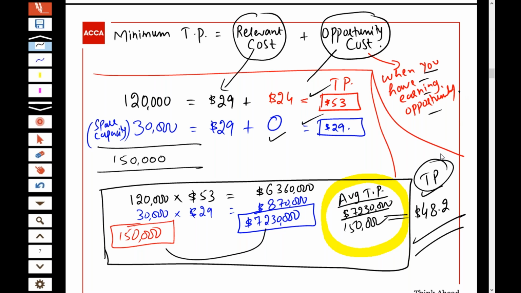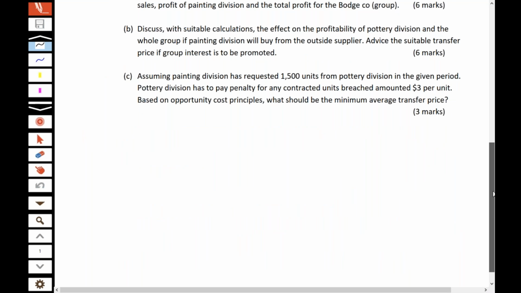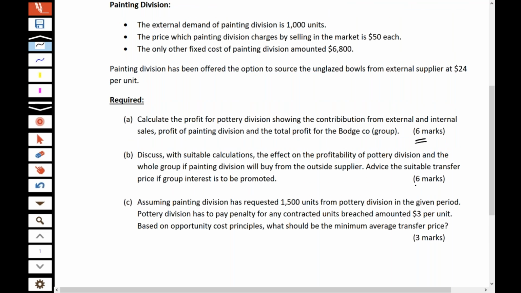Now, in the handout section, two files are attached. The question is Botch company, and this is a CRQ which is 6 marks, 6 marks, and 3 marks, totaling 15 marks.